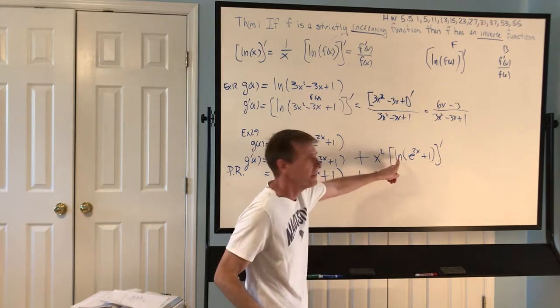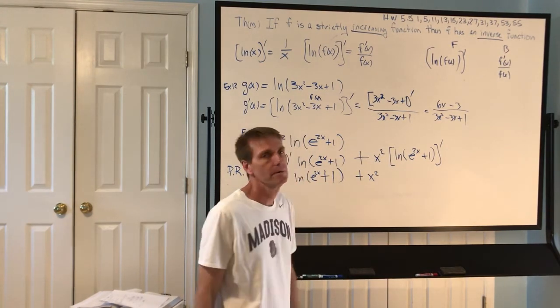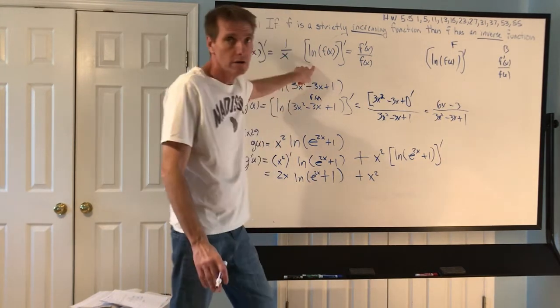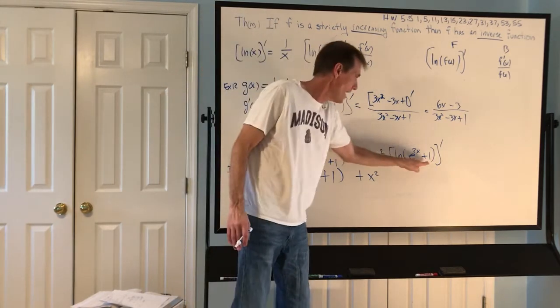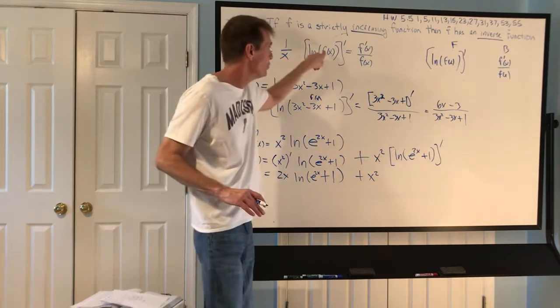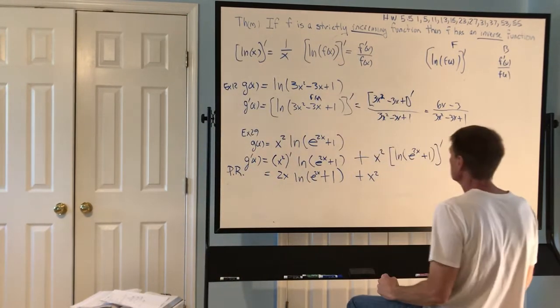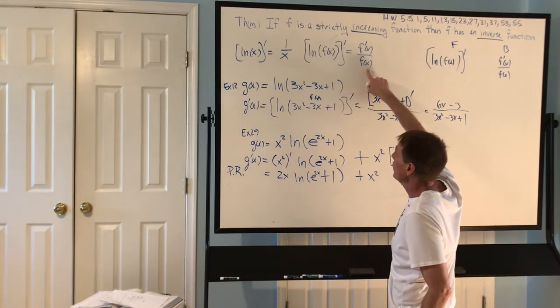Okay, now we've got the natural log of e to the 2x plus 1. Dr. One, I'm never going to be able to take the derivative of that. Okay, let's just use our flashcard that we derived. My function f of x is all of that, e to the 2x plus 1. So just using that flashcard, the derivative of this is going to be 1 times f prime of x over f of x.